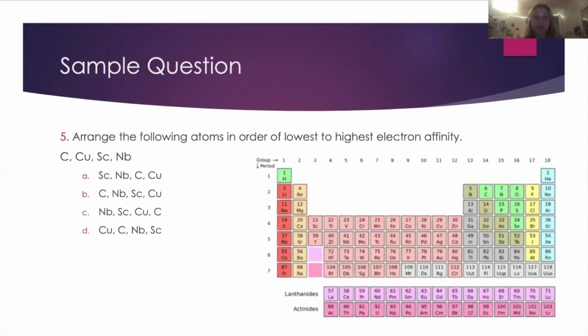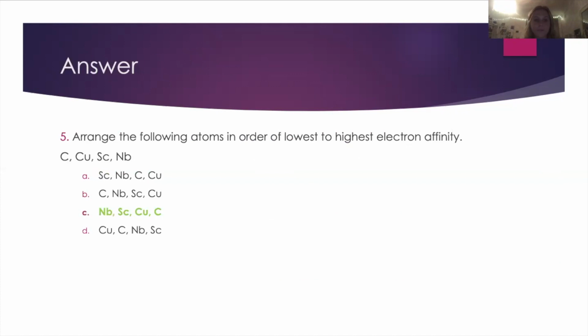Now arrange the following atoms in order of lowest to highest electron affinity. Well, the answer is C. The placement of these elements on the periodic table, as well as their radius size, contribute to the electron affinity in gaining an extra electron.